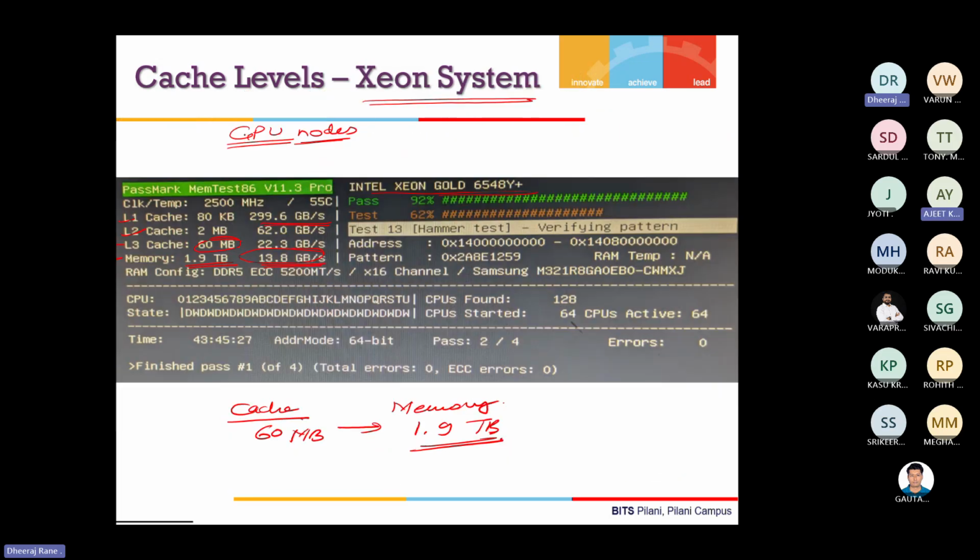This is a Xeon system: 80 KB L1 cache, 2 MB L2 cache, and 60 MB L3 cache. We cannot go beyond a certain limit either.